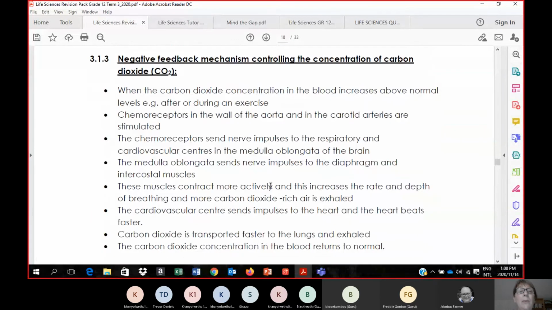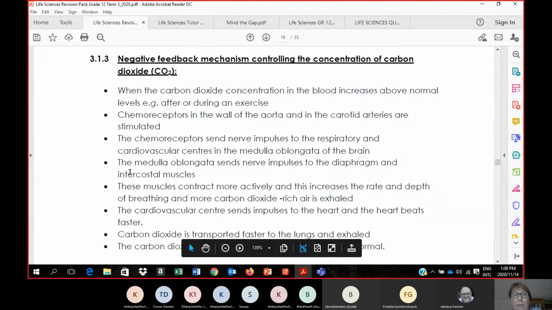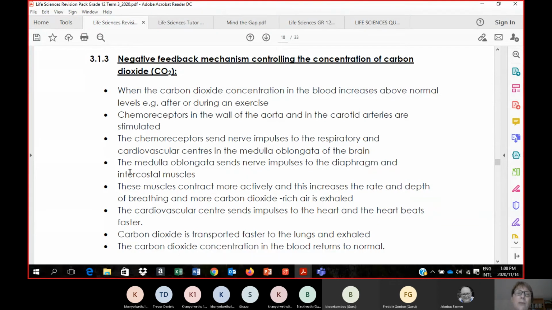Right. Then this one we also did in grade 11, but now I don't know how well you remember this. This is now the control of the concentration of carbon dioxide in the blood. Okay, now it's very important that the amount of carbon dioxide should stay the same, because if carbon dioxide builds up, it affects the pH of the blood. And those of you that do a bit of chemistry and physics will know that carbon dioxide will combine with water to form an acid called carbonic acid.